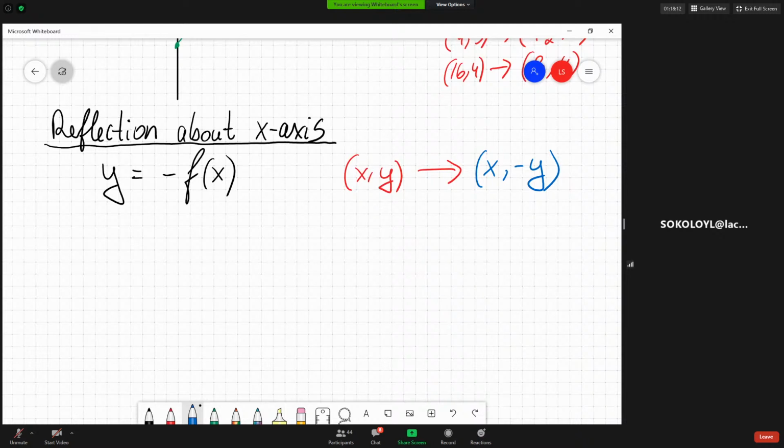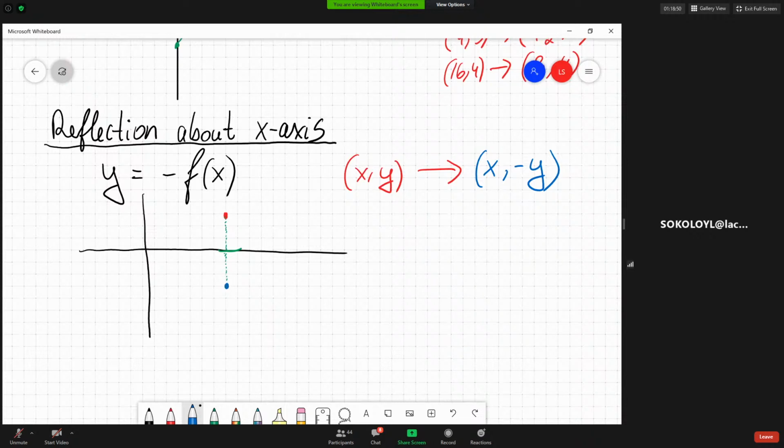That's the reflection about the x-axis, because again, if we have, let's do a little picture. If we have our coordinate graph and I have some point up here, if I want to reflect it about the x-axis, that means I would go down to the line of the reflection, which in this case is the x-axis, and then same distance past the line of the reflection, which would yield me a new point.